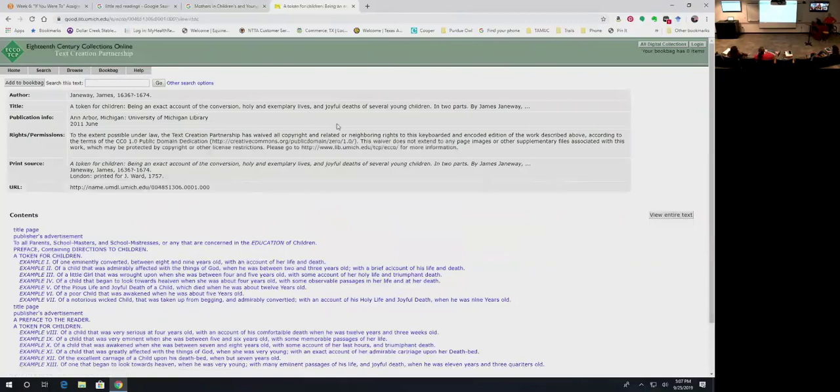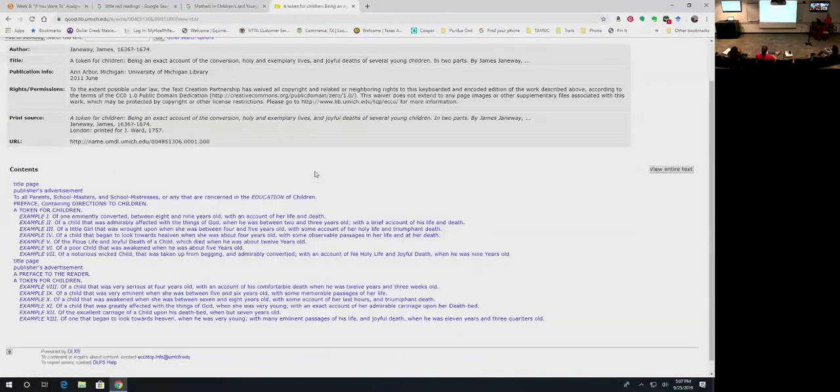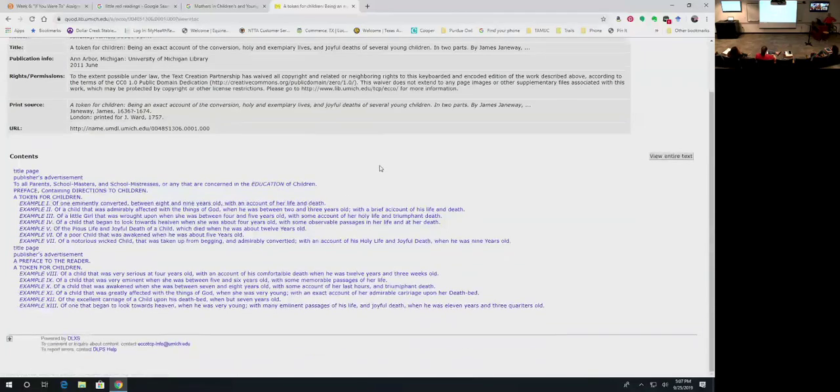That was hysterical when we read that last semester in Dr. Rosenkamp's class. It was written in 1636. No, I'm sorry, that's when he was alive. Printed for J. Ward in 1757. It would have been published before then, because if he died in 74, it was published in his lifetime, because he did 2 of them.